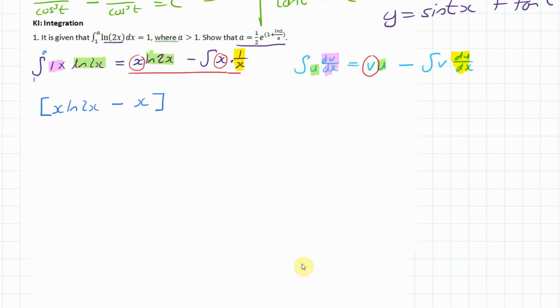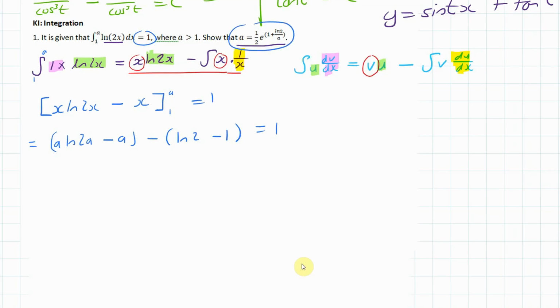So I'll put that there and that there, and then I can rewrite that as a ln 2a minus a, minus, and then I insert 1: ln 2 times 1, so ln 2 minus 1. Oh, and this is all meant to equal 1, right? So I should have equals 1.